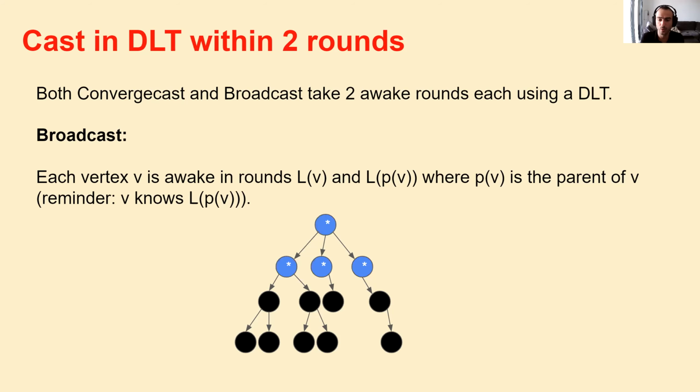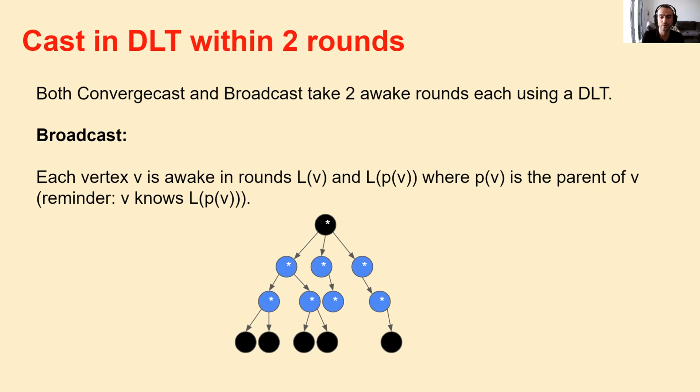Thus, they can be awake at the same time as the root, because the root is awake at its own label, and also the children are awake at the same round. So the root can send messages across the edges, and we know that the message comes across to the children. Now each child has its own label, and the grandchildren can be awake at the proper time.